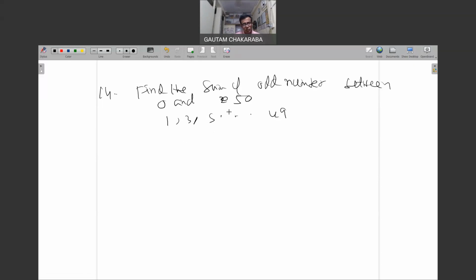You know that, counting from 0, half of the numbers are odd and half are even, so 25. But in this case you find the last term is 49. Find the number of terms first: an is a plus n minus 1 into d, a is 1 and d is 3 minus 1, that is 2.